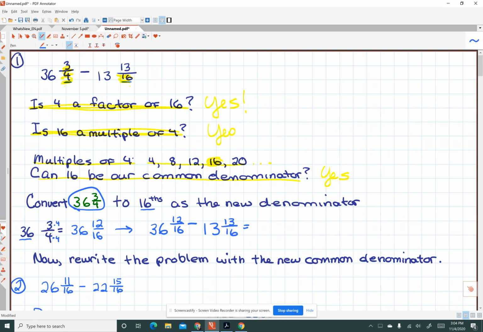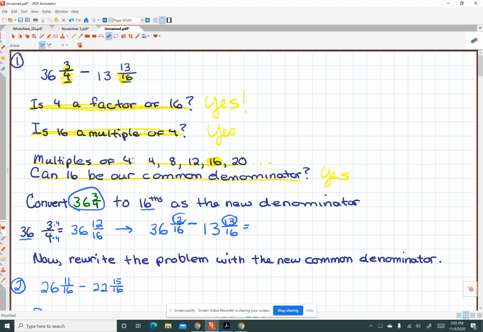And 36 minus 13, see, this is called making a sidebar, is 23. And look what's happened. I cannot subtract the 12 from 13. So I'm going to have to do some rewriting.